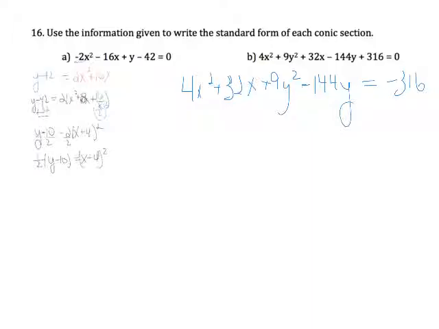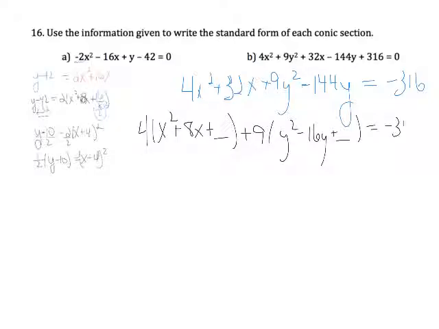I'm going to factor a 4 out of the 4x squared plus 32x. So I'll have x squared plus 8x there. Add a blank. I'm going to factor out a 9 from the 9y squared minus 144y, so minus 16y plus a blank equals negative 316.